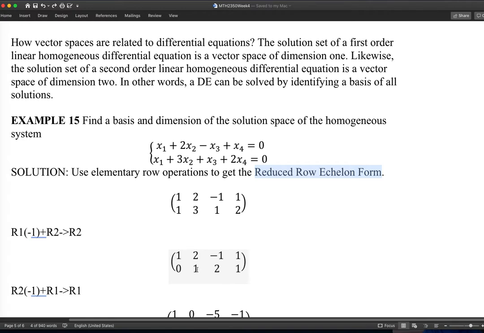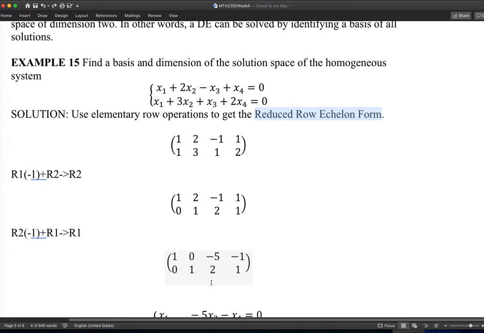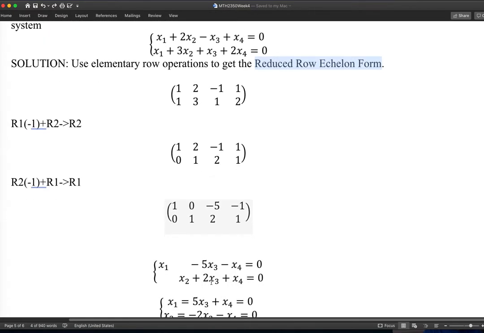Again we want to make sure the other elements in the pivot column are 0. So this is what I did: row 2 multiplied by -1, added to row 1.